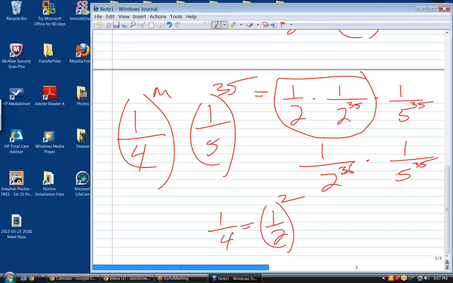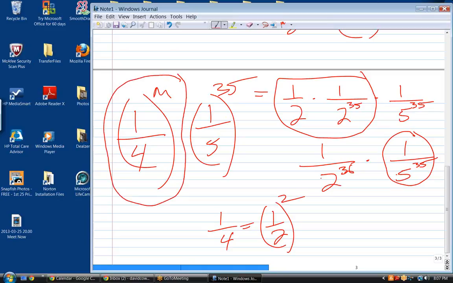Okay, so I can do two things here. I notice that I have my 1/5 to the 35th over here. Even though the 35 is in the denominator, I know that that's the same number as that. So how do I relate 1/4 to the m so that it's equal to 1/2 to the 36th? You take it and you make it 1/4 to the 34th.